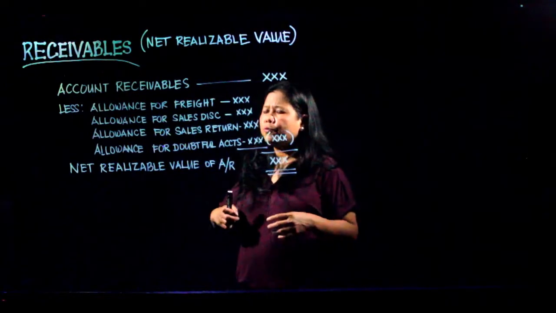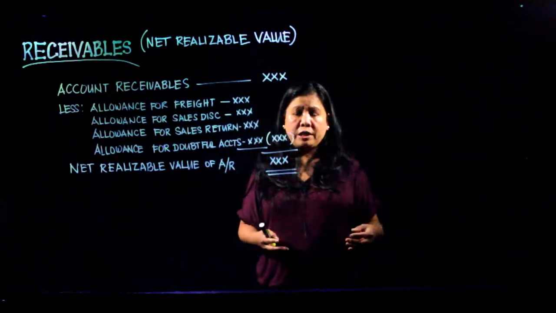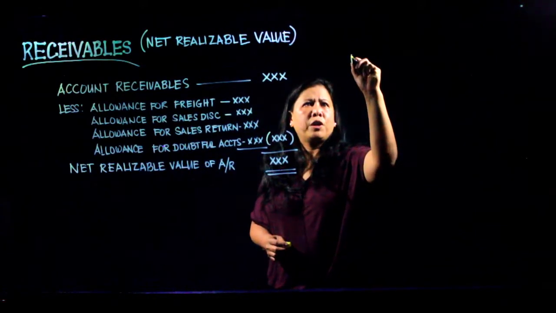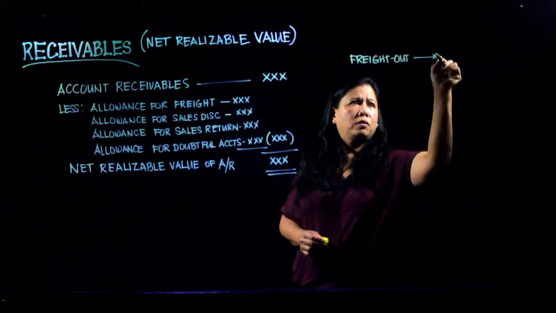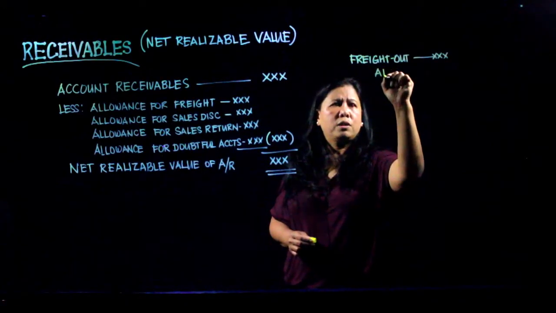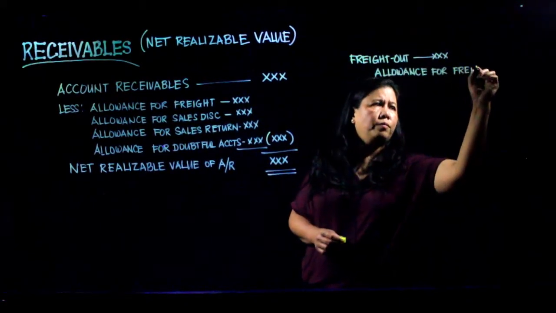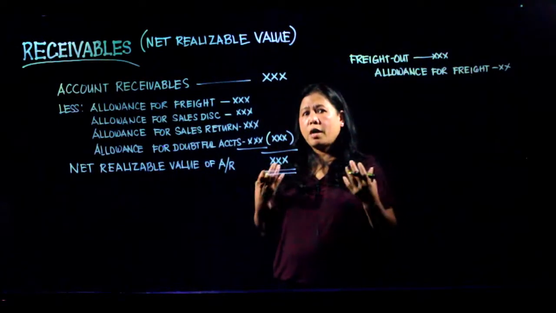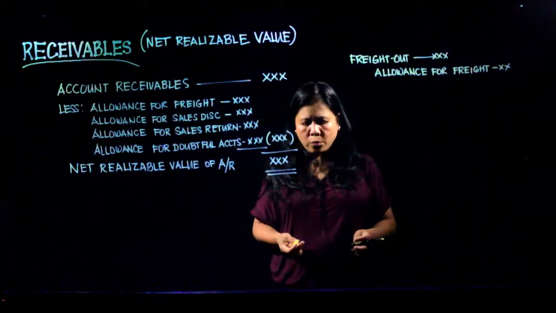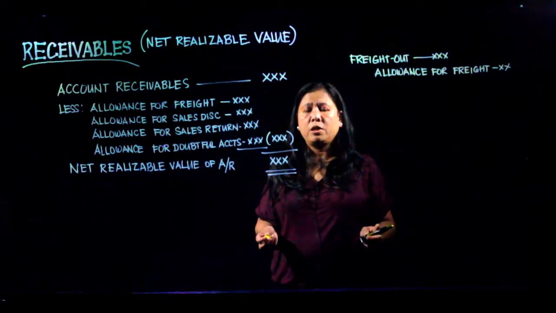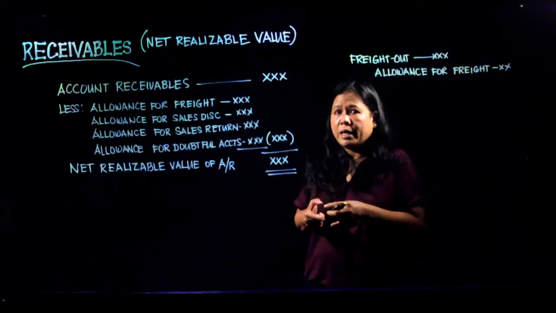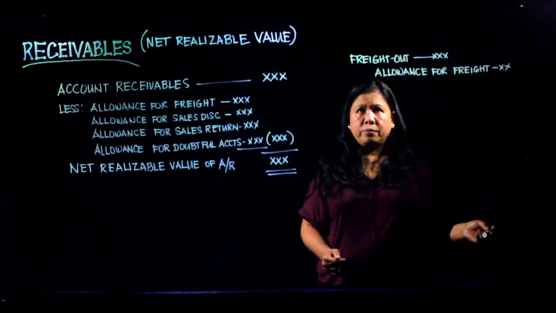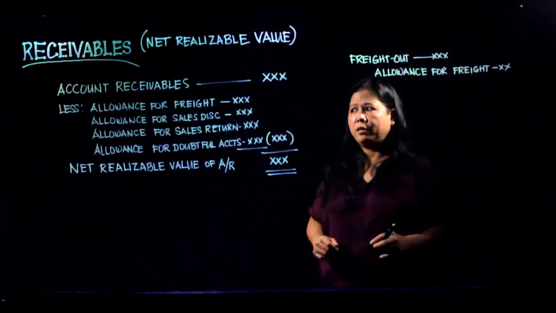For allowance for freight, our entry will be debit to freight out and credit to allowance. All right, this is the journal entry when you set up an allowance for freight. We assume that our company is responsible for the delivery expense of goods that were shipped to the customer. So this is your journal entry.